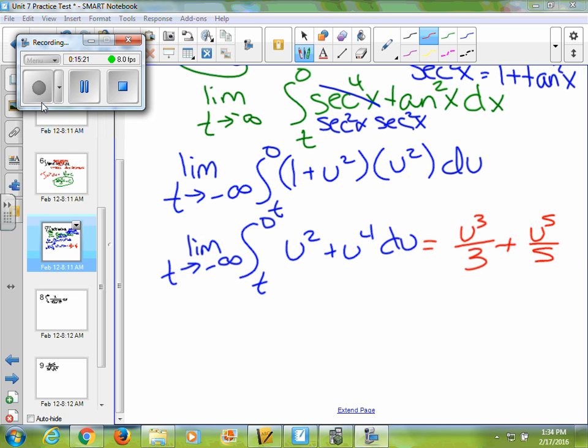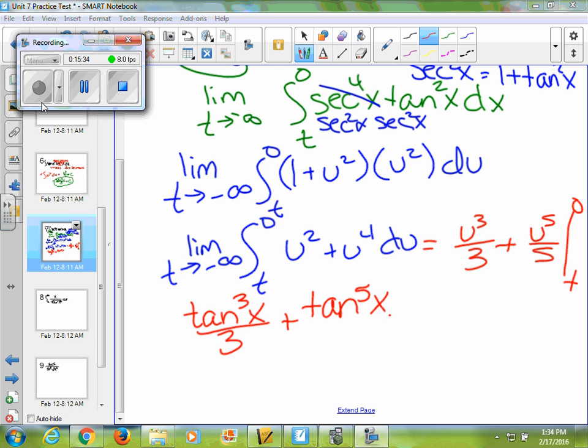So then in rewriting, I'm going to evaluate that from t to 0. So then in rewriting that, I get tangent cubed of x over 3 plus tangent to the 5th of x over 5. And I'm integrating that from negative infinity to 0.